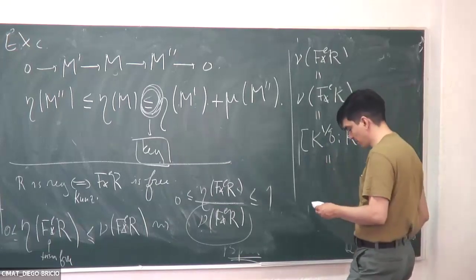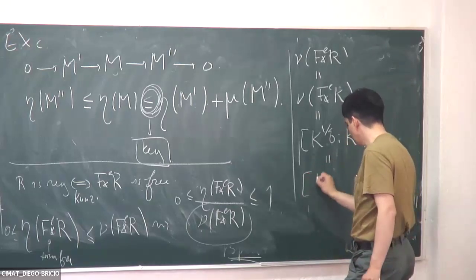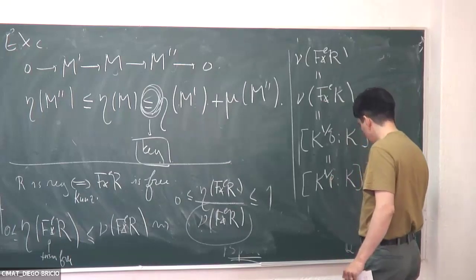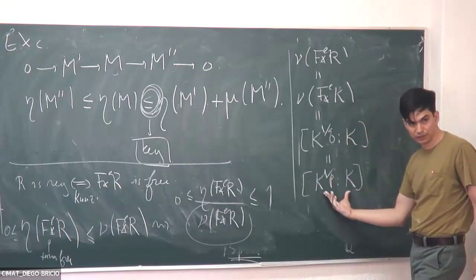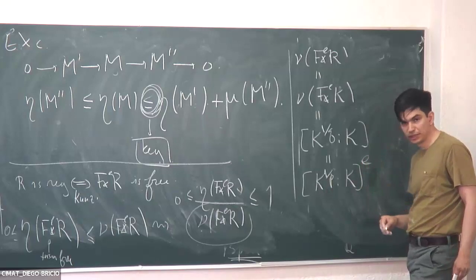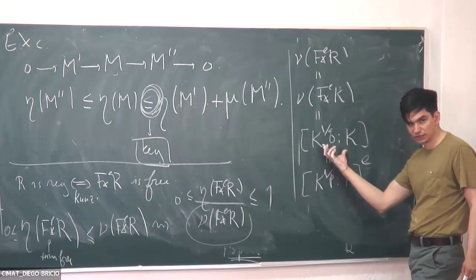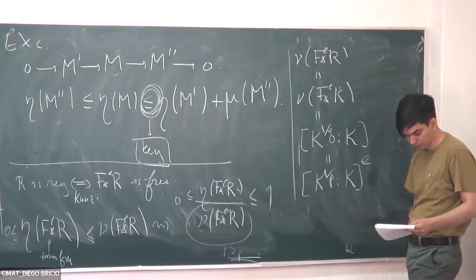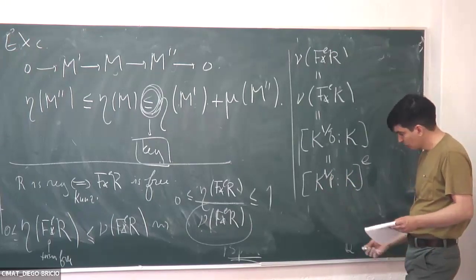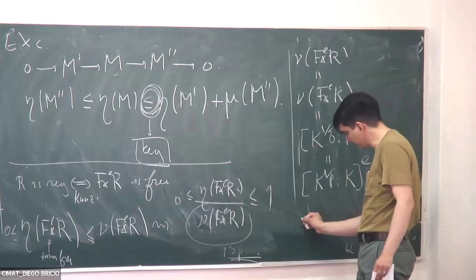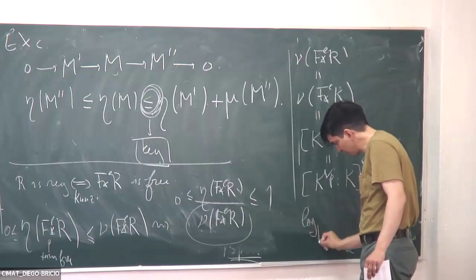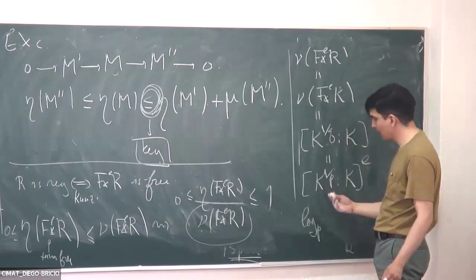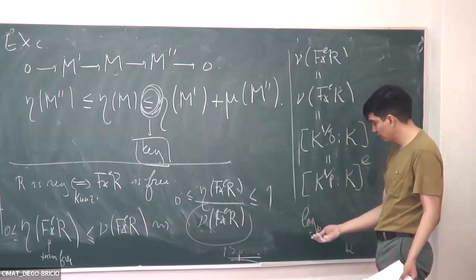But you know from basic field theory that you look at this one and then you raise to the e, because you have a chain of field extensions, right? And degree decomposes multiplicatively like this. The point here is that this degree looks like p to the something natural number.